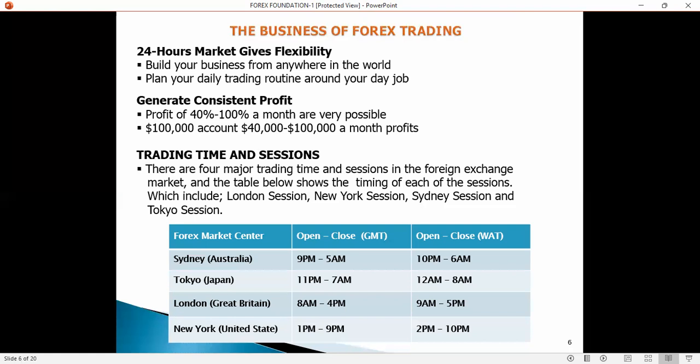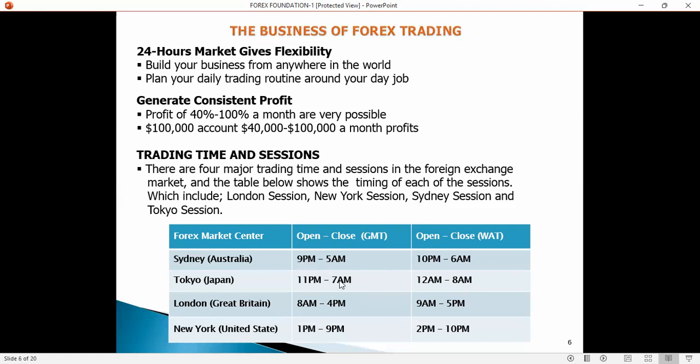During this period, you will find that the Japanese yen goes active more than every other currency pair, because it's going to be their own daytime. I hope this is clear. So within this period, both the Australian dollar and the Japanese yen are more active.